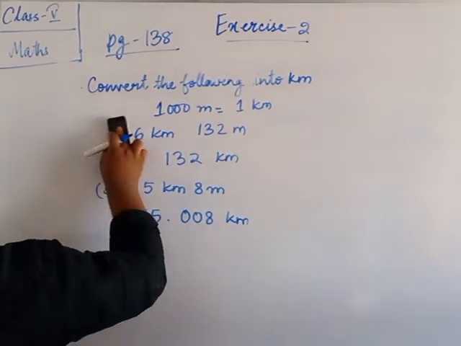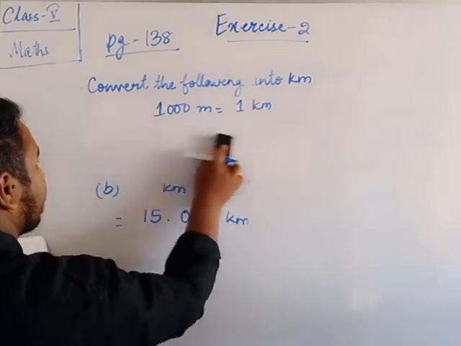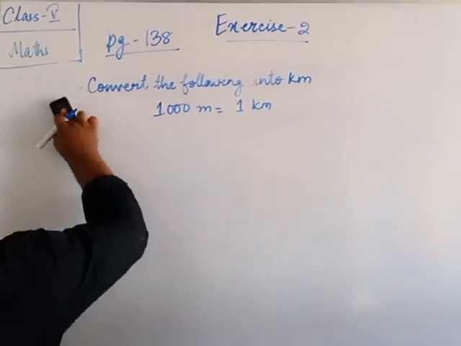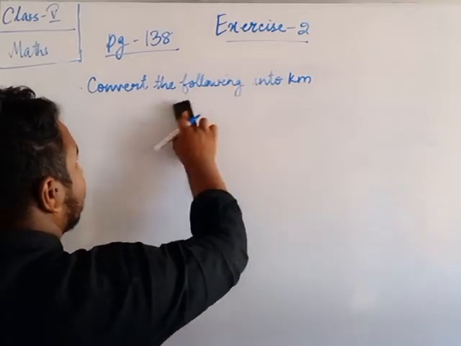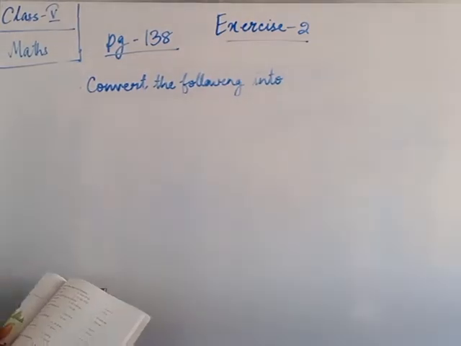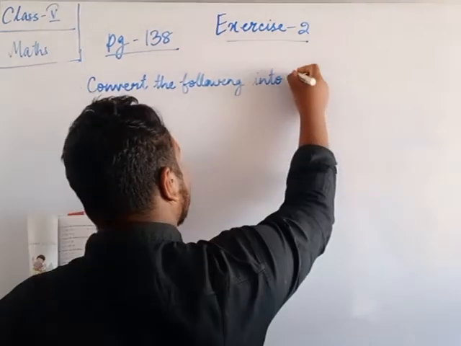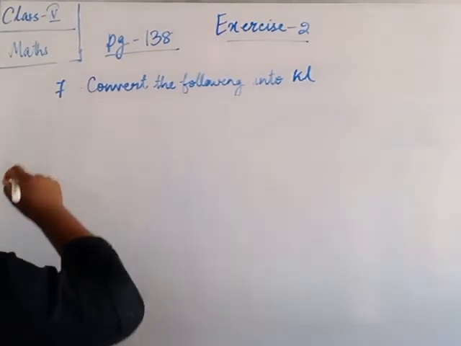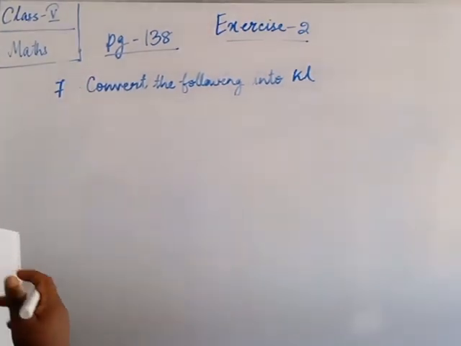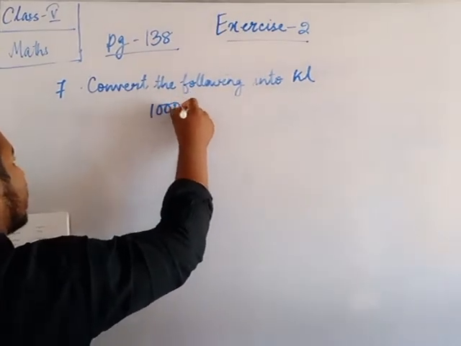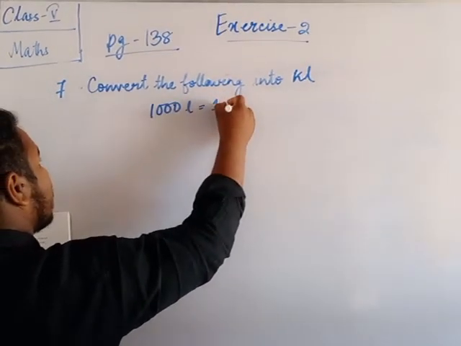Now 7 number. Convert into kiloliters. As we know, 1000 liter is equal to 1 kiloliter.